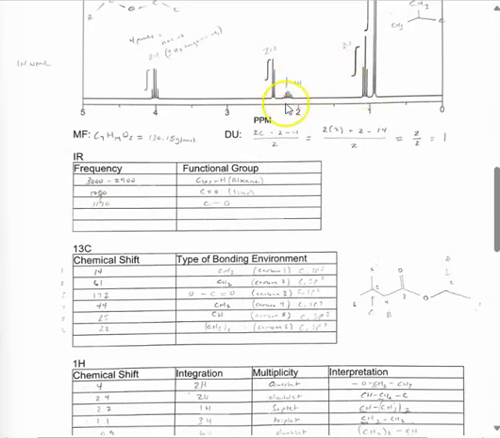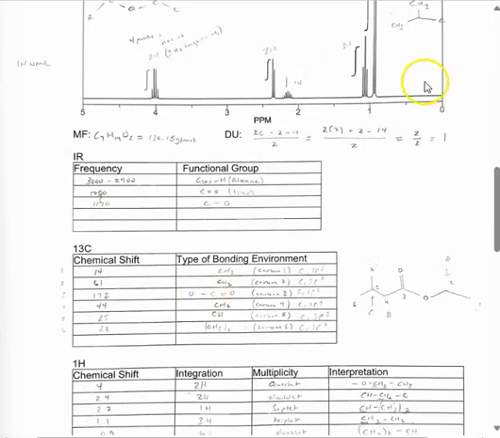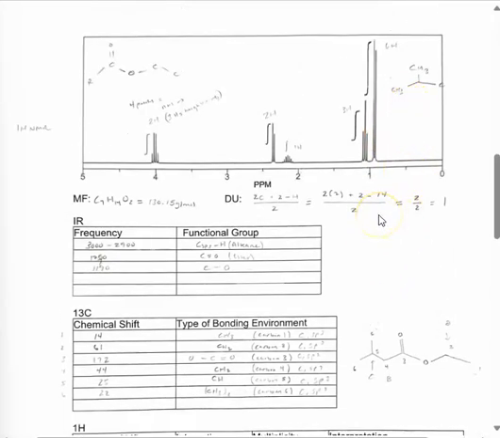The one after that we have at 1.1, or carbon 1, and we have the 3H integration since this methyl group over to the right will carry the 3 hydrogens. And last but not least, at the 0.9 peak, we know that this particular peak will be the one that has the least electronegativity, which means it's the carbon that's furthest away from the oxygen.